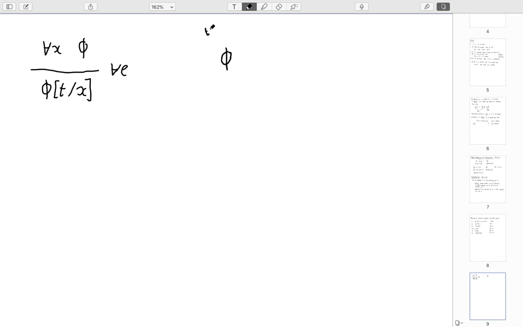This is a y, if I can get it there. So if we prove phi for an arbitrary y that we've introduced somewhere, then we can prove for all x phi.